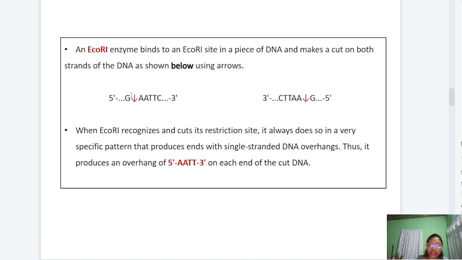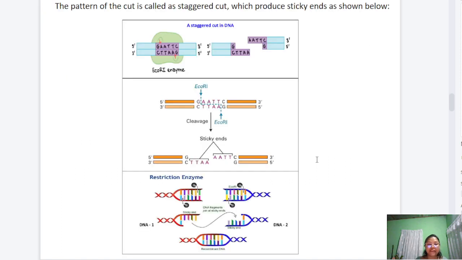It is between guanine and adenine. So when EcoR1 recognizes and cuts its recognition site, it always does so in a very specific pattern that produces ends with single-stranded DNA overhangs. Thus, it produces overhangs of 5' AATT on both strands.